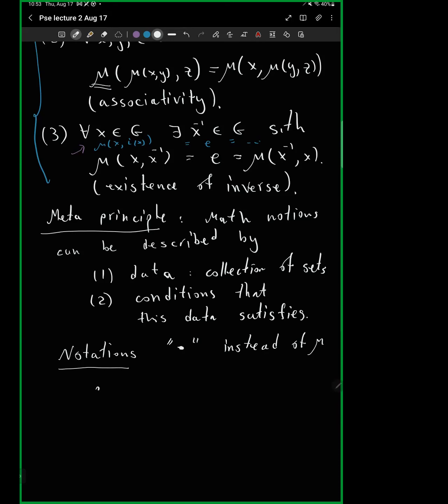It means that dot is a function from the Cartesian product of G with itself to G, and we map the pair x, y to x dot y, and sometimes we even omit the dot.